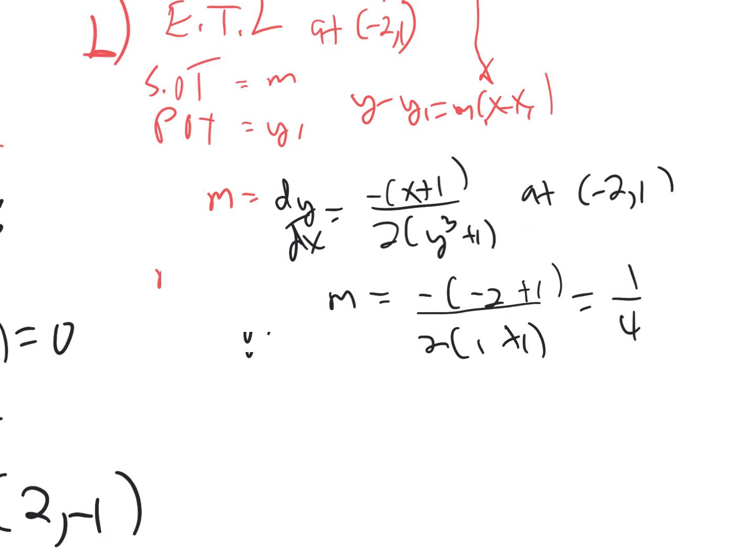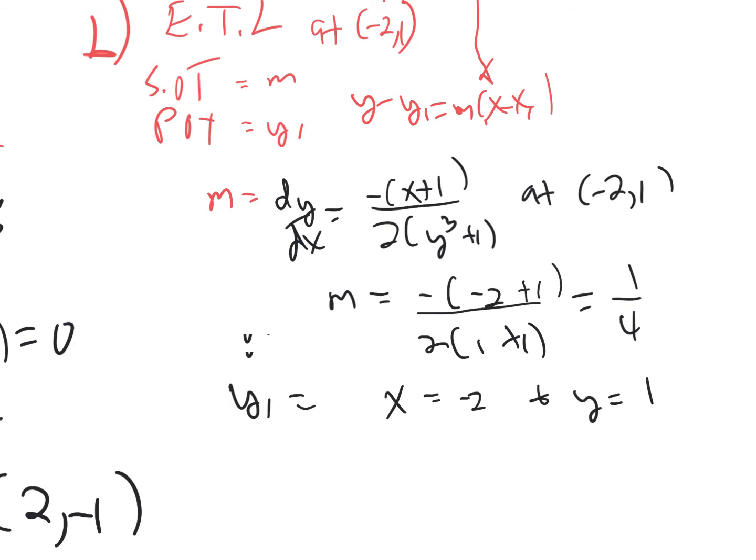And the point of tangency, which is y1, will be equal to, I guess I don't know, call it y. y1 will be what happens when x equals, well, we know what the point is. We know x is equal to -2 and y is equal to a 1.